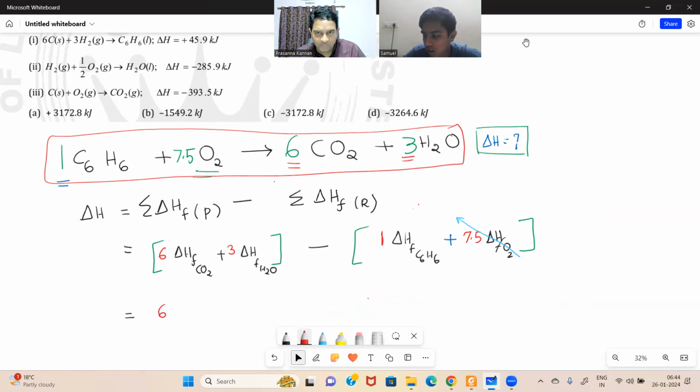What is the equation? Formation of carbon dioxide. Which is the equation? Is it not this third equation? Third equation. What is the enthalpy?